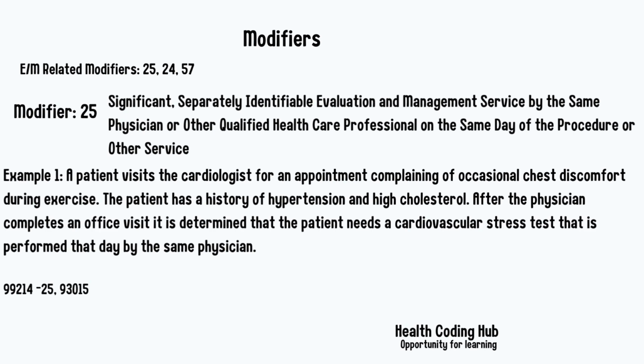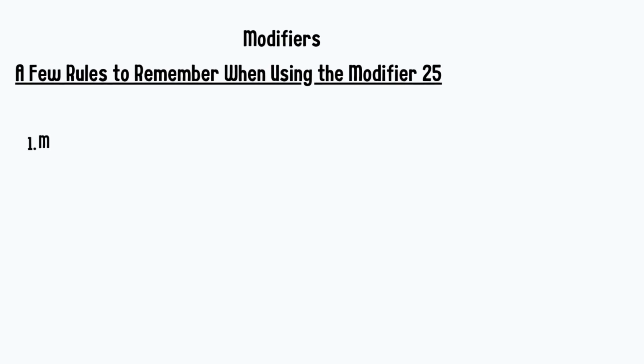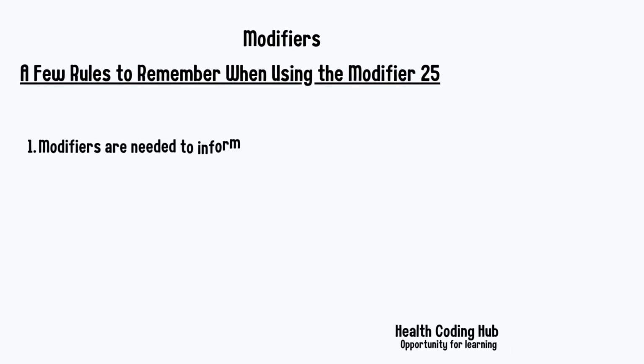For the stress test we need to assign CPT code 93015, and we need to assign modifier 25 to indicate that there was a separately identifiable E&M on the same day as the procedure.